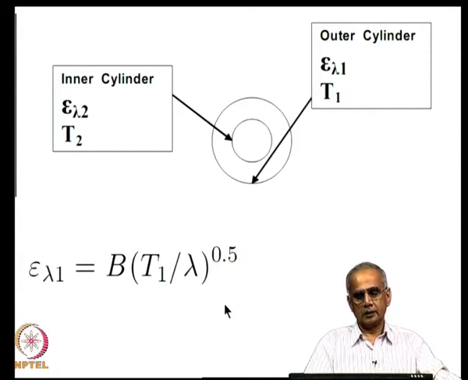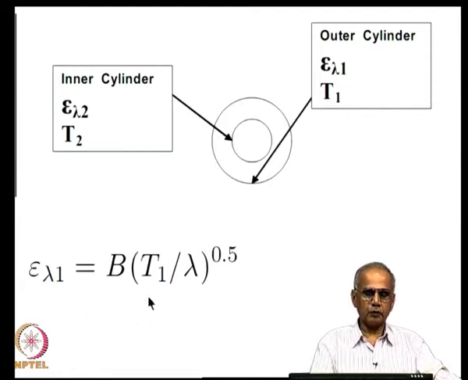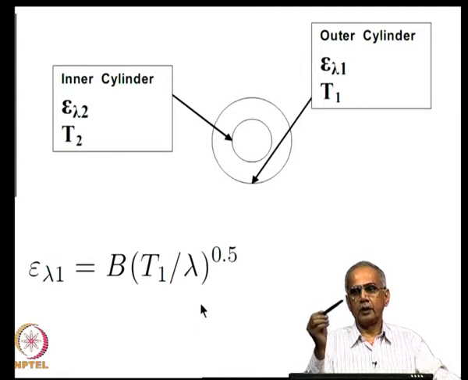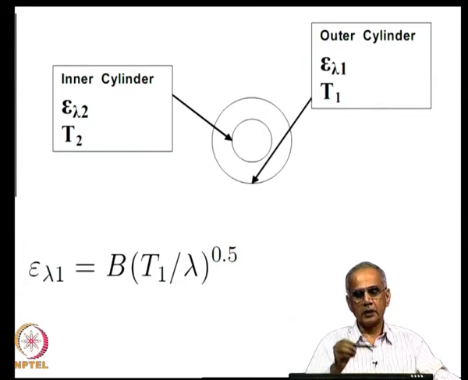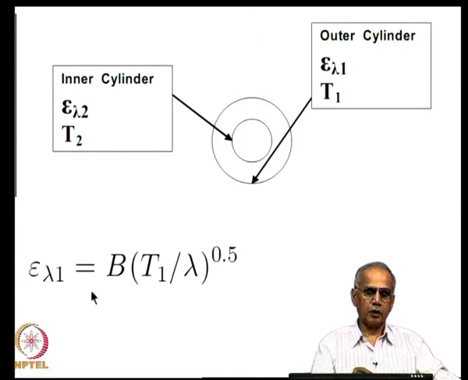But still, you can assume that although this actual equation may not be valid, as the temperature goes to 0, emissivity will indeed tend to 0. And so, this is one important feature, and this is the primary reason why the heat transfer to a hydrogen Dewar flask is lower than that of nitrogen, because hydrogen is at 20 K, and at 20 K the emissivity is about half of the emissivity at 77 K.